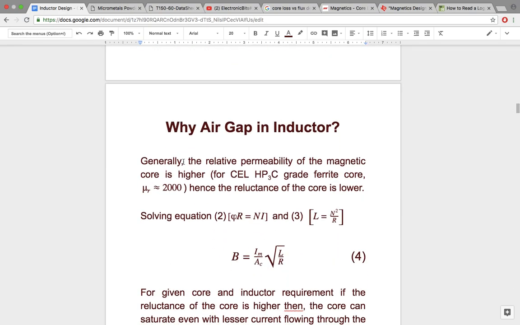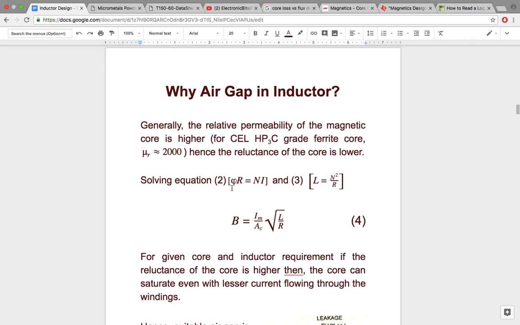For magnetic cores like ferrite, we have a very high relative permeability. For example, a grade like the CEL HP3C grade ferrite core will have a relative permeability of 2000. Hence, the reluctance of the core is very, very low. As a result, what happens?